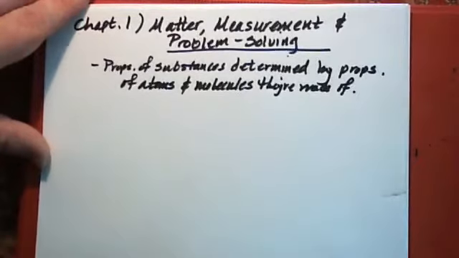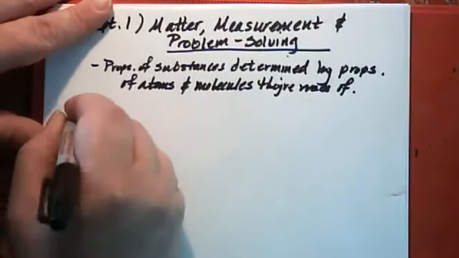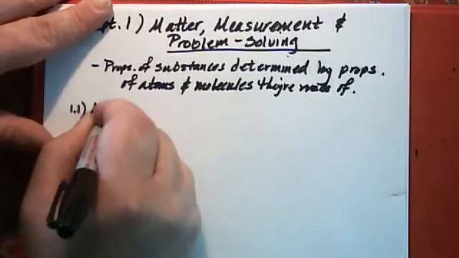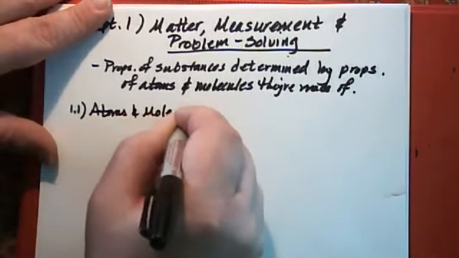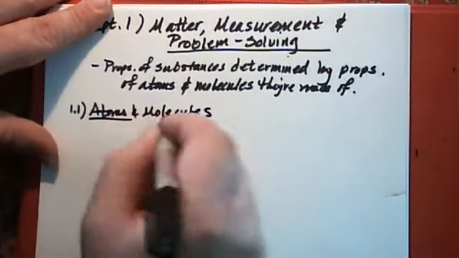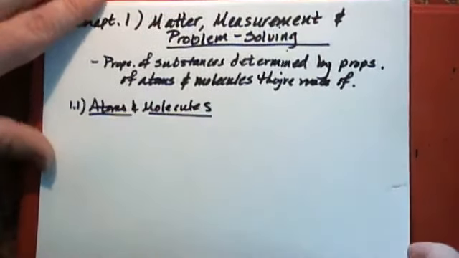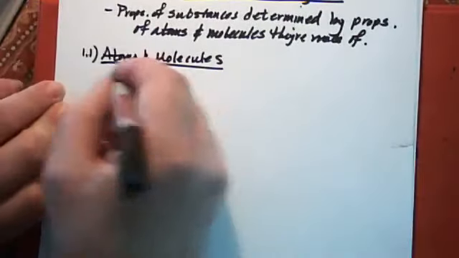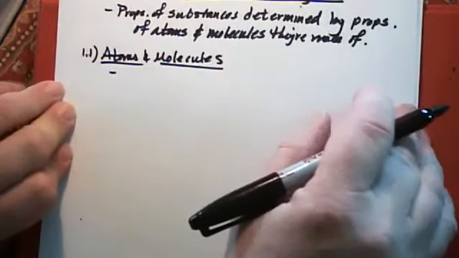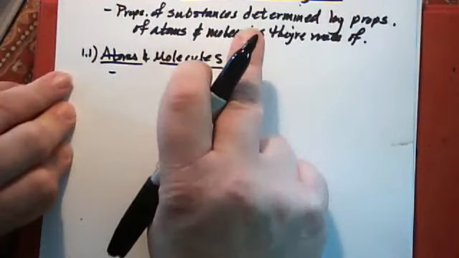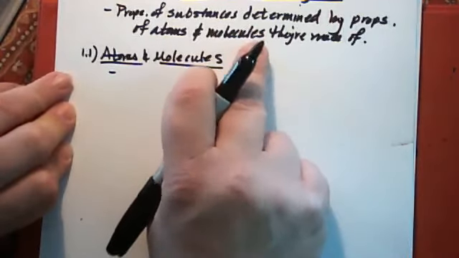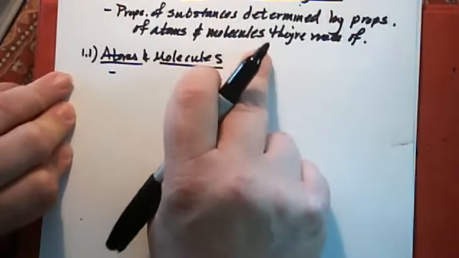For right now, we've got the first section, which is about atoms and molecules. And just as an example of what I said, the properties of an overall substance depend on the properties of the particles that make them up.